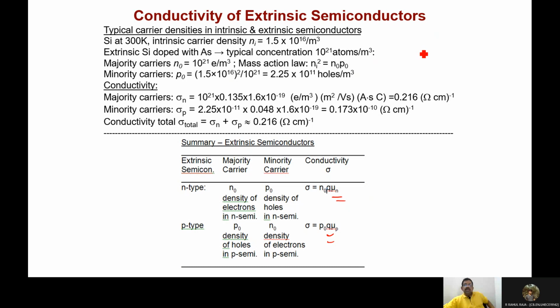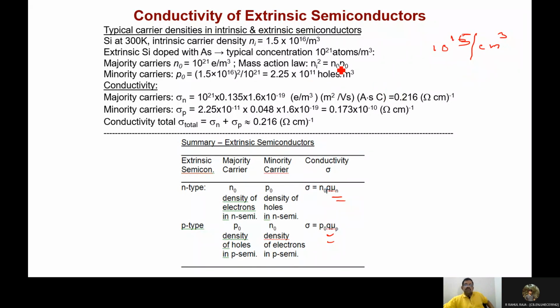Typically we don't talk in terms of meter cube, we talk in terms of centimeter cube. Since 100 centimeter equals 1 meter, it will become 10 power 6 less. So per centimeter cube, you will have this much.